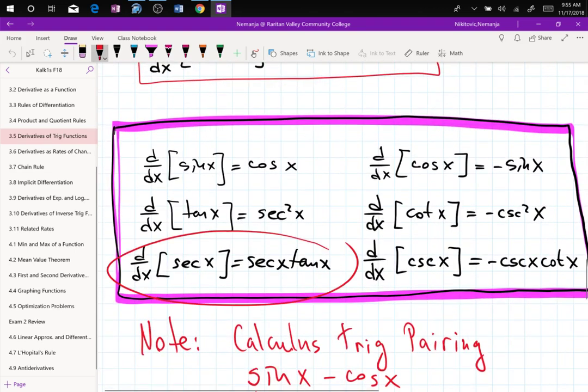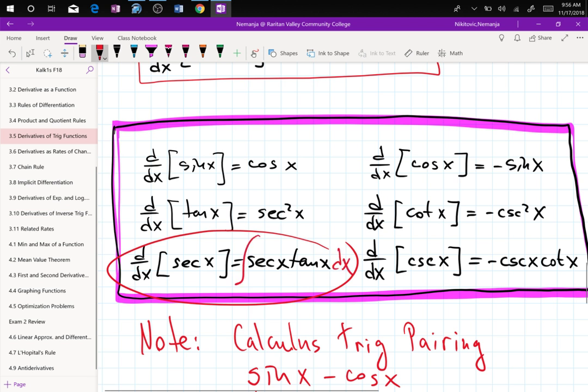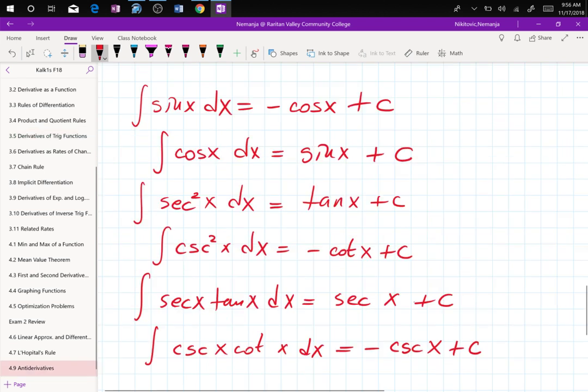There it is. The derivative of secant is secant tangent, which means that the integral of secant tangent is just secant. Are we learning any new formulas? No. We're not learning anything new. We are learning how to read everything we know backwards. So we can go back.